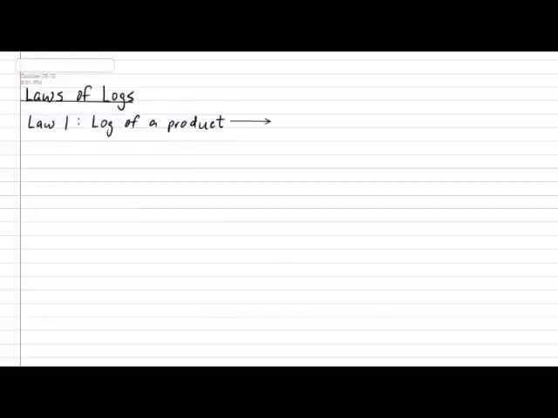This law states that if you had a log in base c of a product, suppose I have two variables multiplied together, such as m multiplied by n, this particular property allows you to say that this is equivalent to the log in the same base, c, of the first item in the product plus log in base c of the second item in the product.